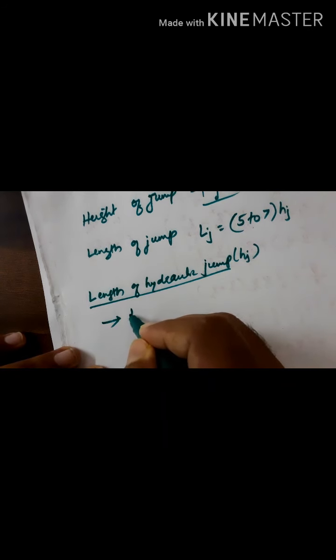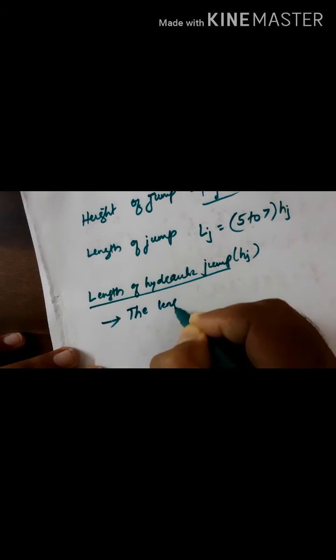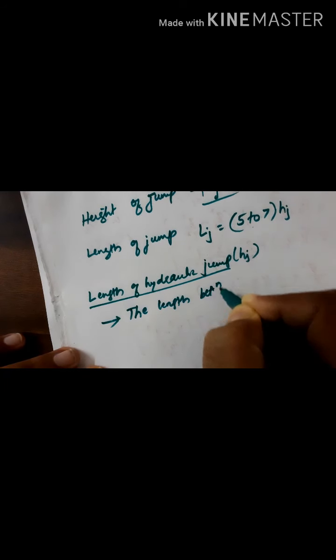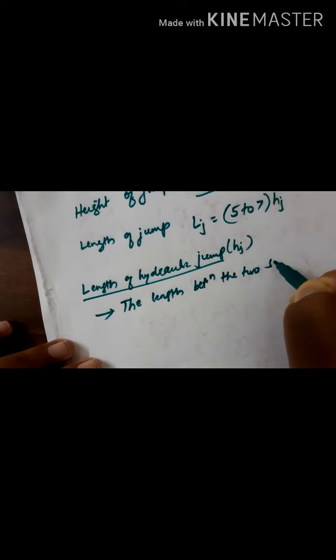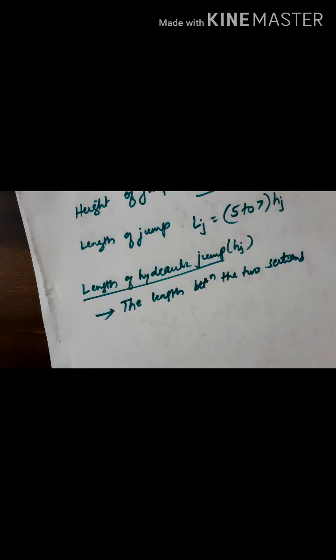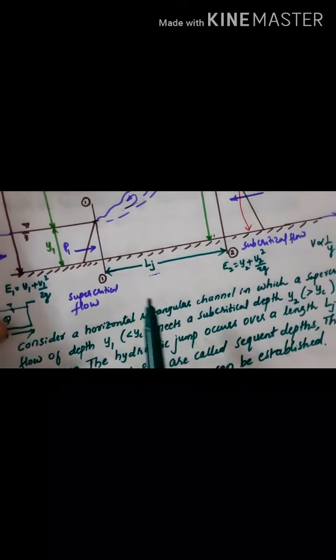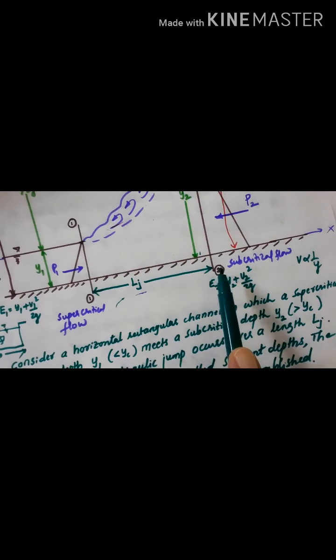The length between the two sections, where one section, here this one, you see this one, the length between the two sections where one section is taken before the hydraulic jump and another section is taken immediately after the hydraulic jump.